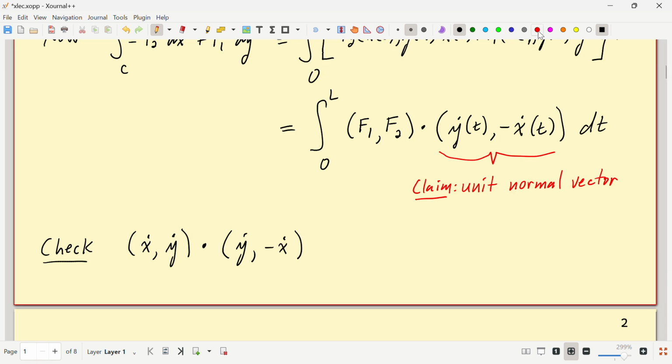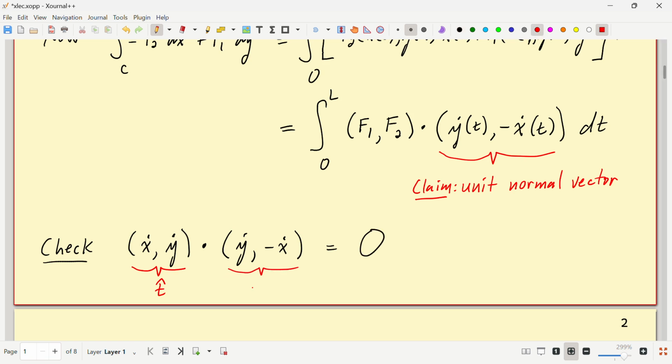This is the tangent vector of unit length, and this is going to spit out plus something minus exactly the same thing. So that is a big fat 0. So yes, this is orthogonal.